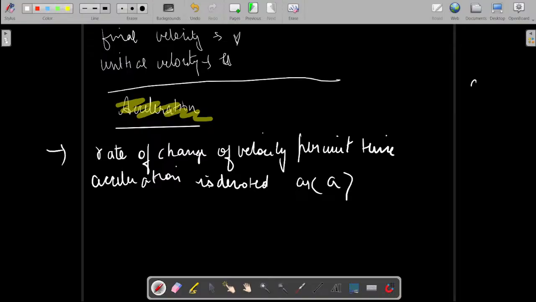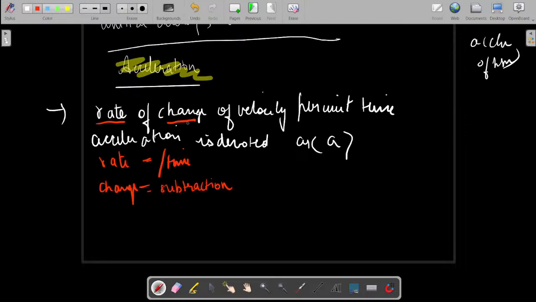Change means subtraction. Change of velocity per unit time. So something is divided by time: x minus y by time.